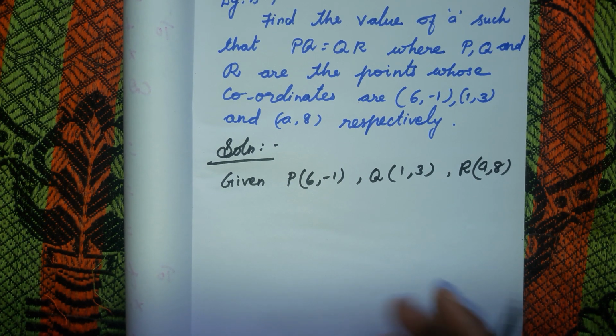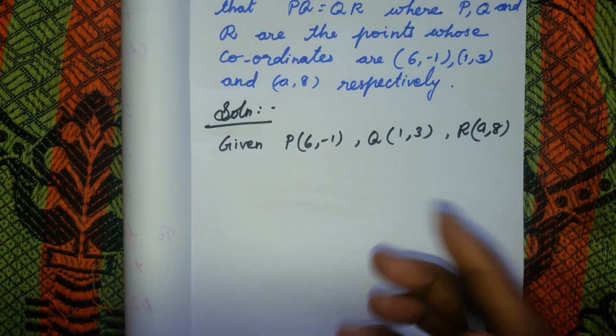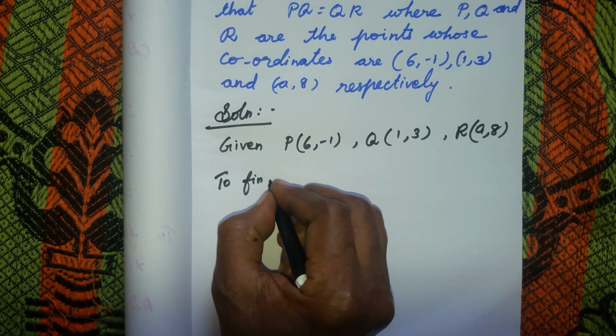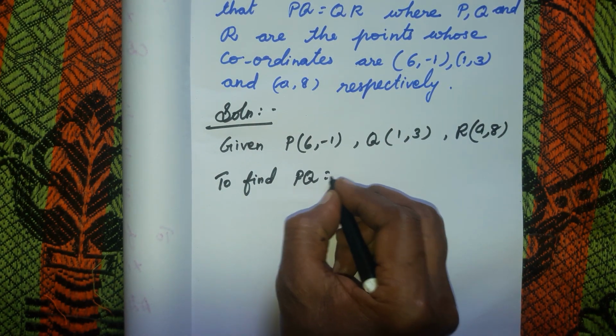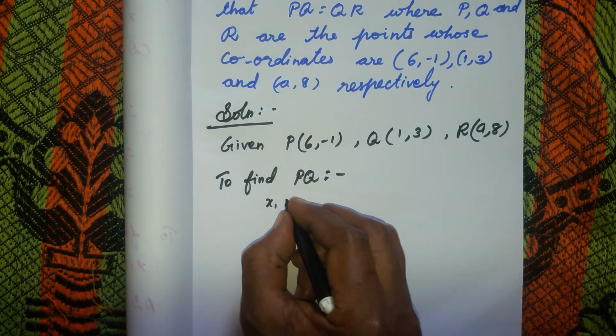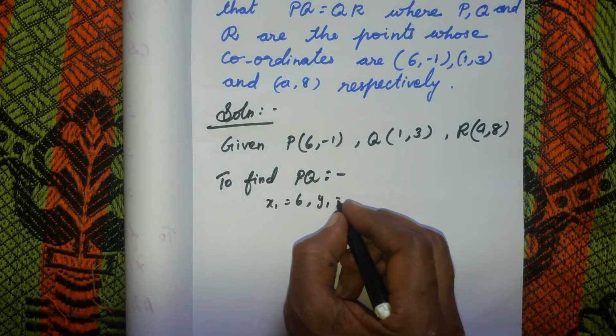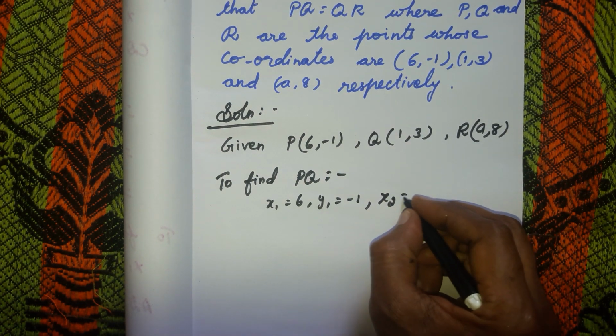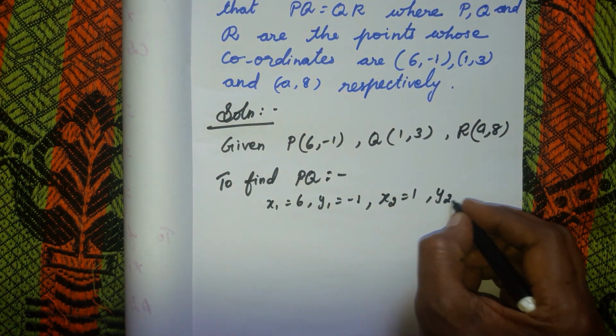Shall we find out PQ and QR? PQ is equal to... To find PQ, x1 is equal to 6, y1 is equal to -1, x2 is equal to 1, y2 is equal to 3.